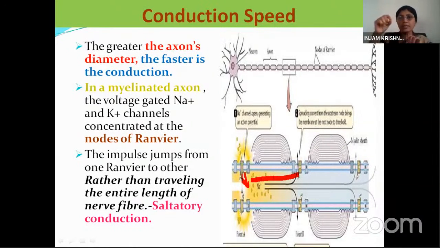Normal conduction moves continuously, but here it jumps from one node to another rather than traveling the entire length of the nerve fiber. This is called saltatory conduction. Saltatory means jumping. I think you might have followed.